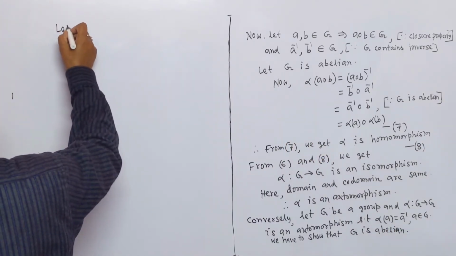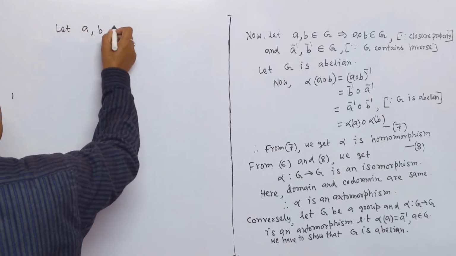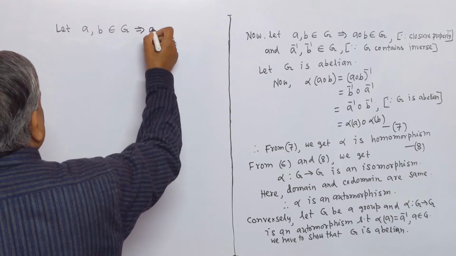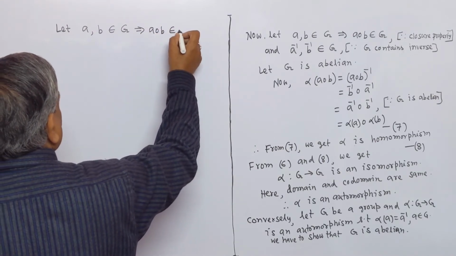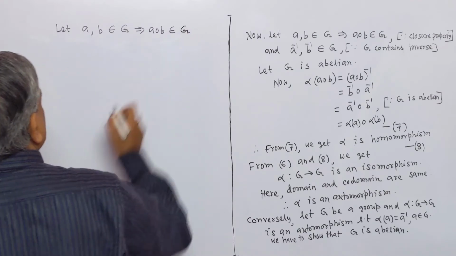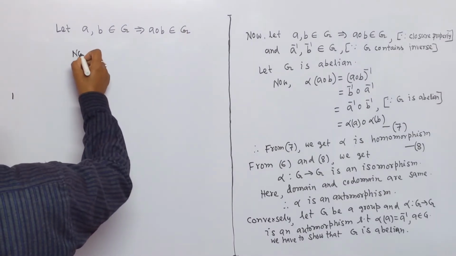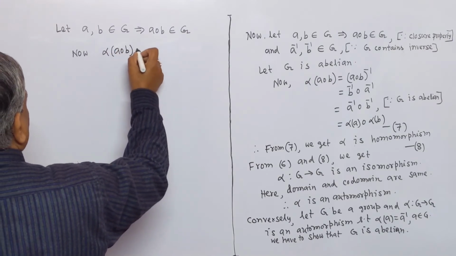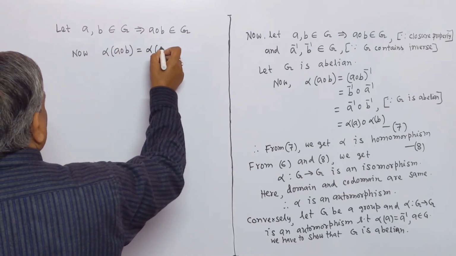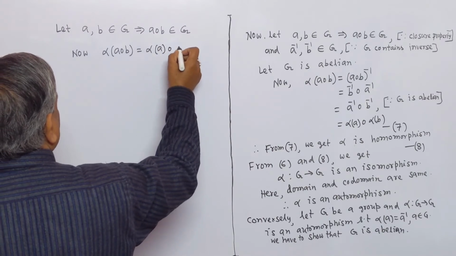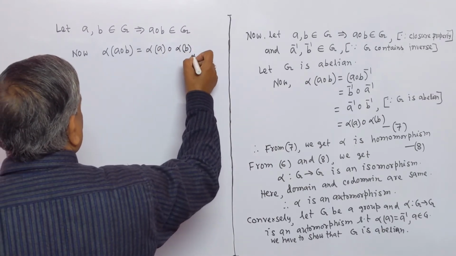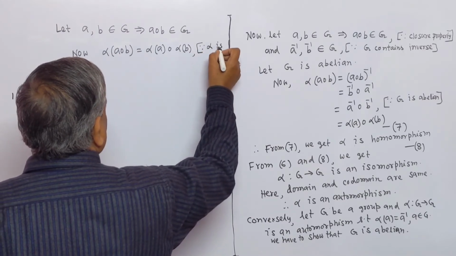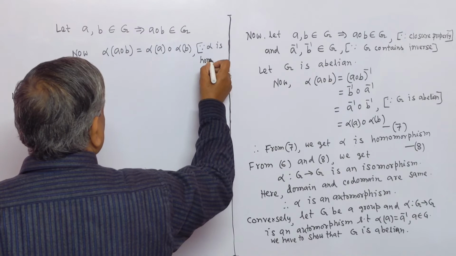Let A, B belong to group G, implies that A operation B belongs to group G. Now, alpha of A operation B equal to alpha A operation alpha B, since alpha is a homomorphism.